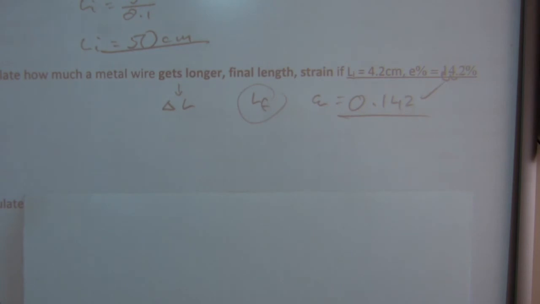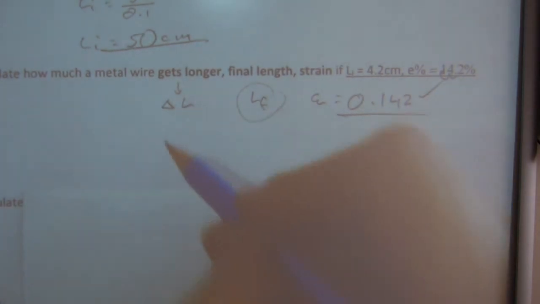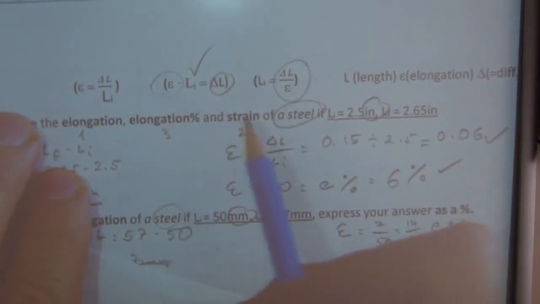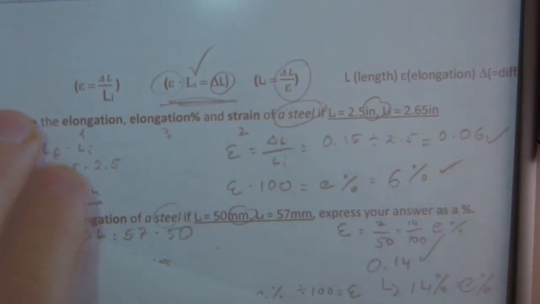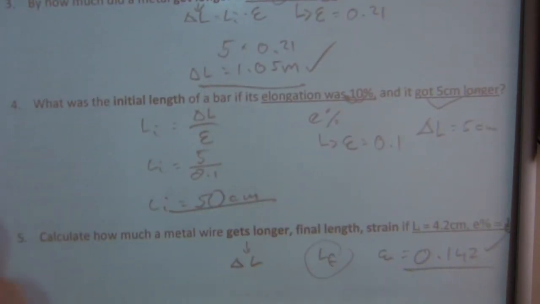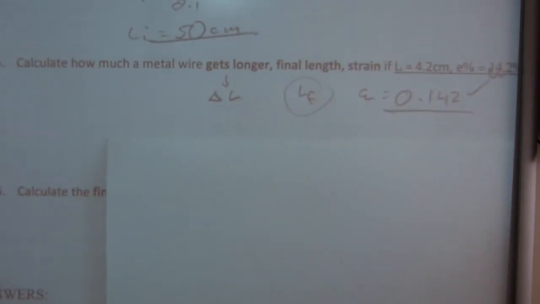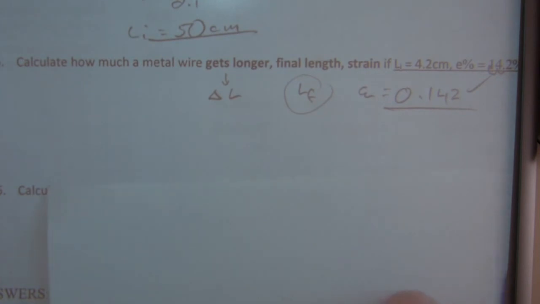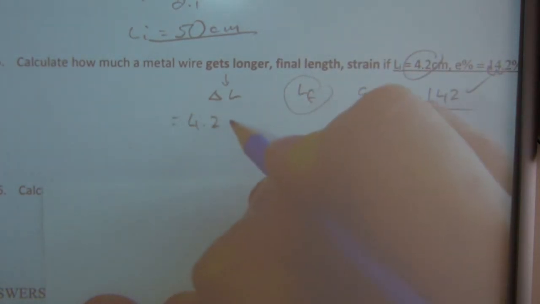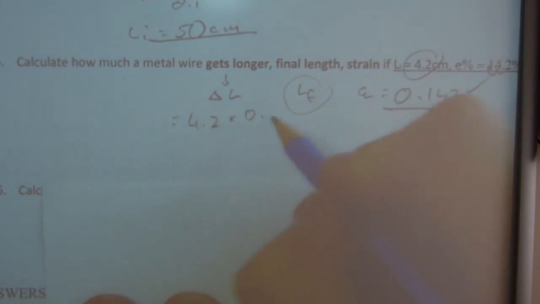Next thing to calculate, how much the wire gets longer, and that's fairly easy. Once we have strain, we need this equation yet again, where strain and initial length are multiplied. So let's do that. Initial length was 4.2, so delta L will equal 4.2 times 0.142.